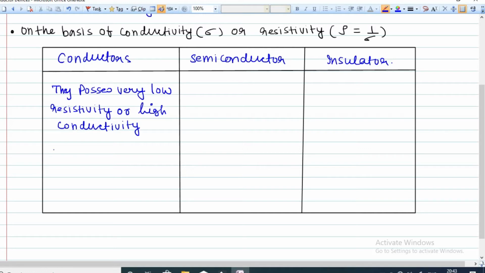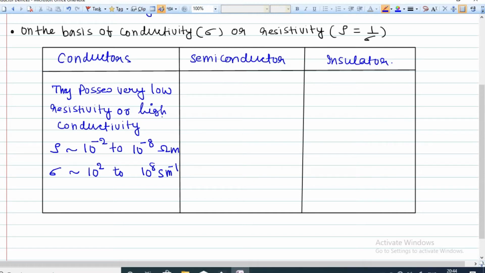The typical value of resistivity of conductors is 10 to the power minus 2 to 10 to the power minus 8 ohm meter. The value is very low, and the value of conductivity, just take the reciprocal, will be equal to 10 to the power 2 to 10 to the power 8 Siemens meter inverse. This is the value of resistivity and conductivity for the conductors.